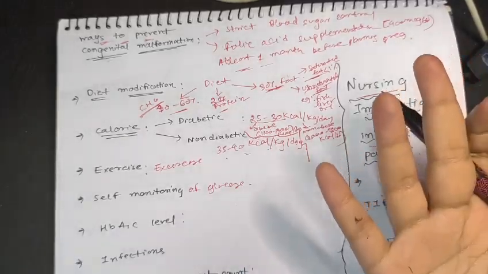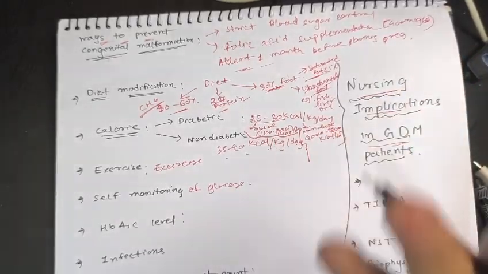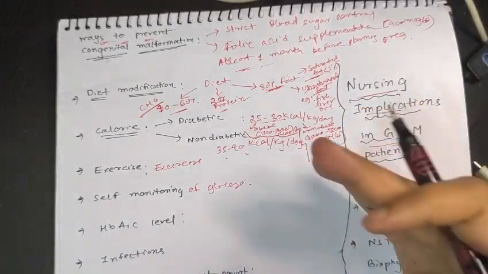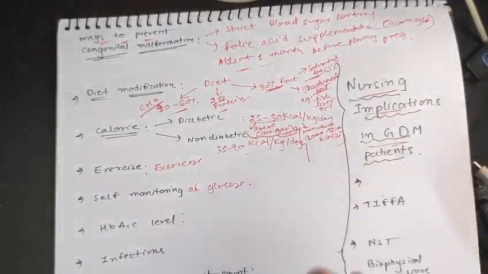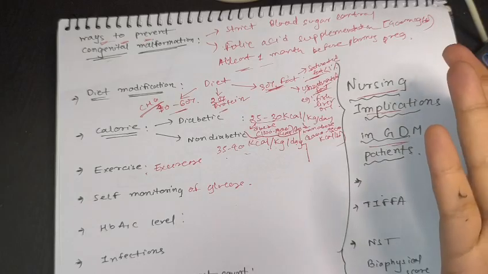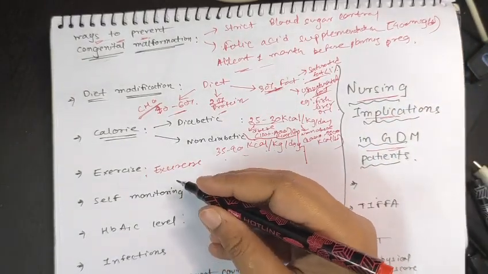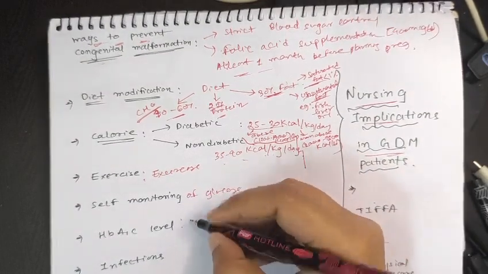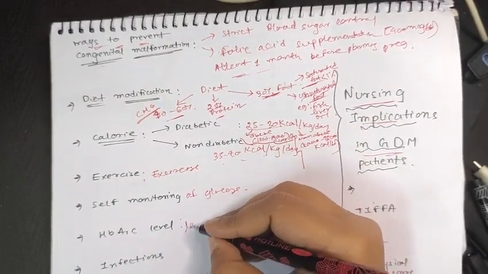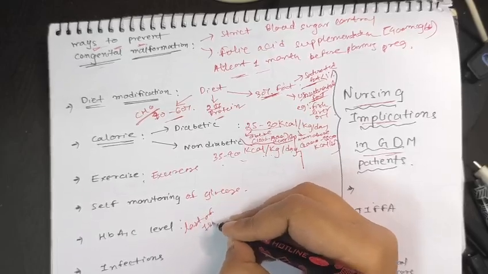And I have called it prospective too, because it also shows us the value after 3 months. Okay, so HbA1c should be started from the last of the first trimester.